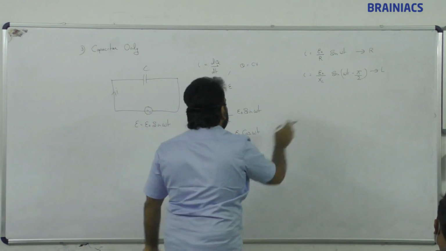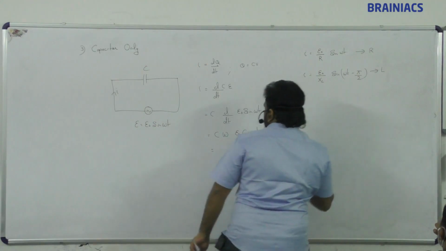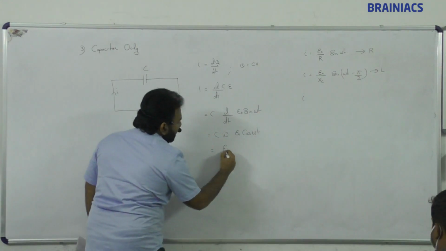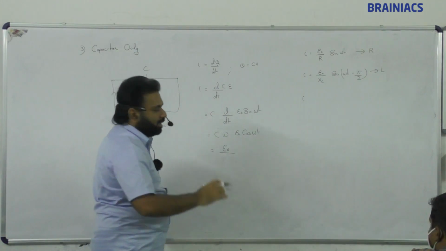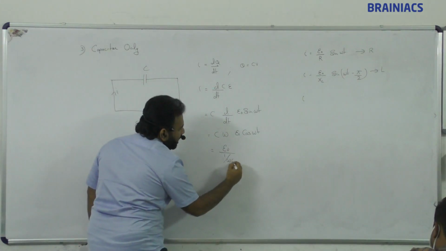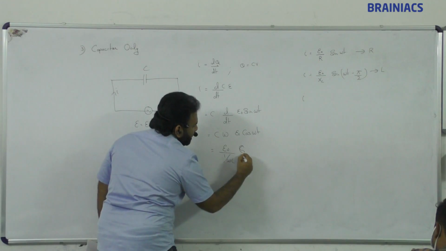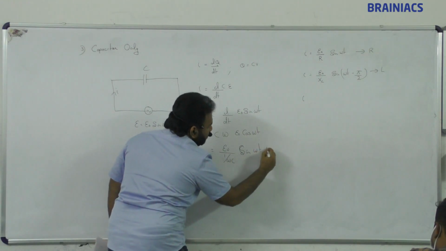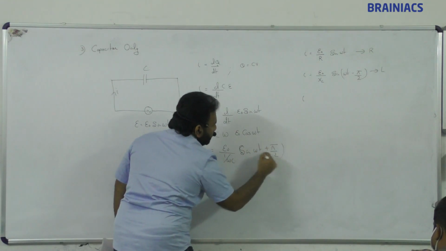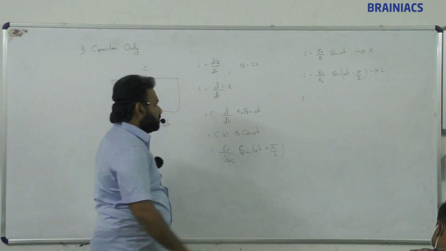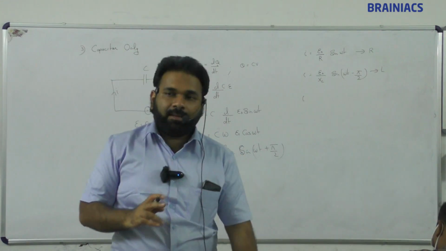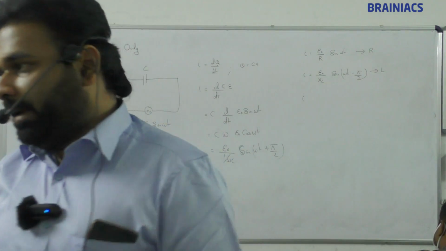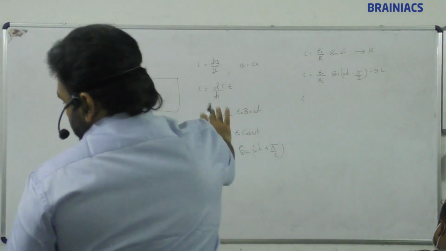So same way, now we will convert this into sine. So E naught, everything we are putting in the denominator, 1 by omega c. This is going to be sine (omega t plus pi by 2). So we can understand that when capacitor alone is there, current will be leading the voltage by pi by 2.